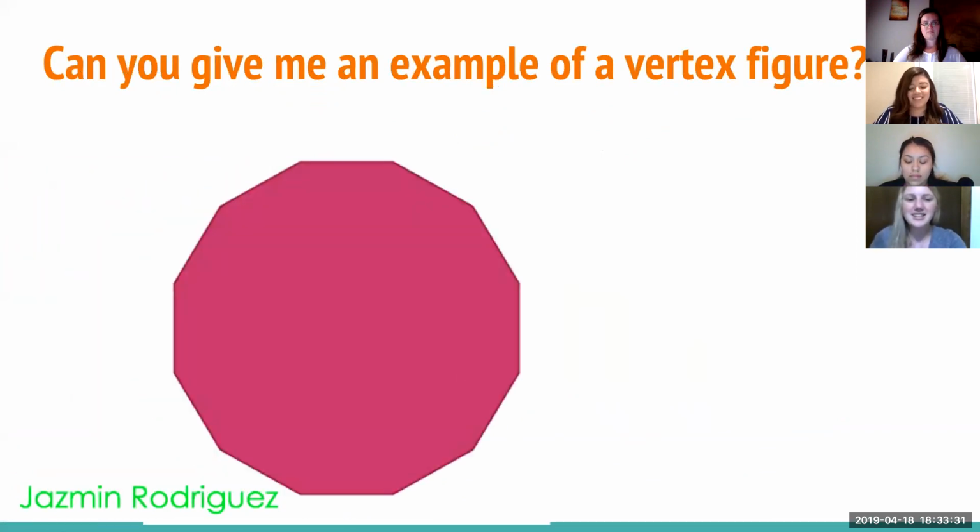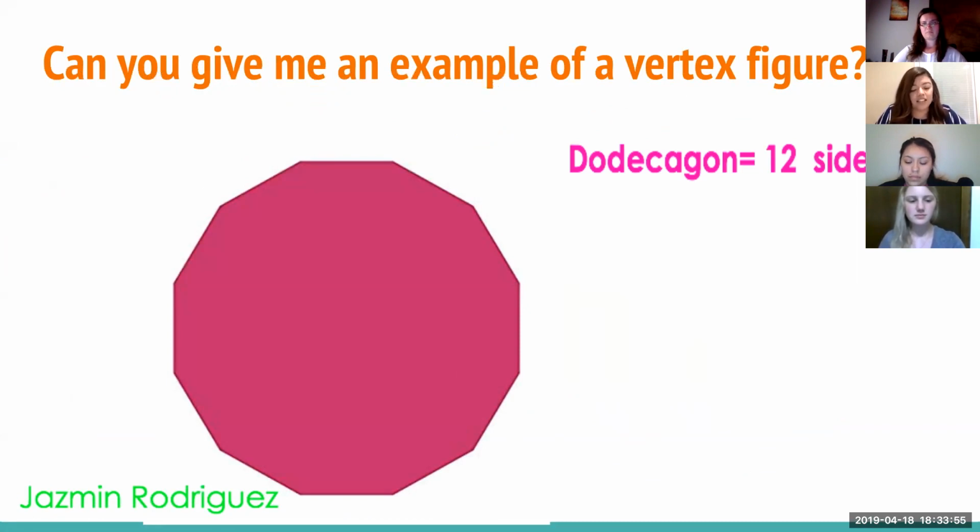Jasmine, can you give me an example of a vertex figure? Yes, Claudia, absolutely. First, let's remember that in order to form a vertex figure, the combined measures of the interior angles have to add up to 360 degrees. This means that our figure cannot overlap or have a gap in between. We will start by using a dodecagon, which has 12 sides.